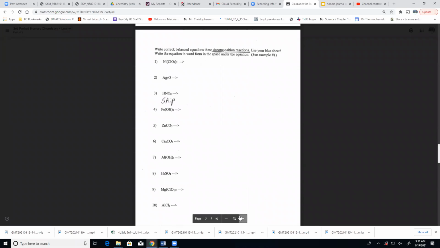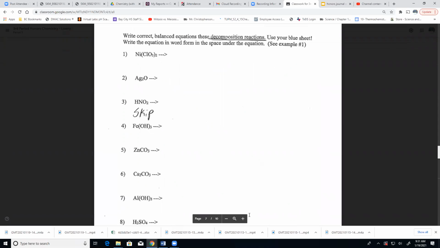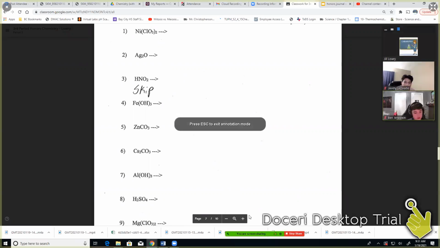All right, so we'll look at a few of these right here. All right, so number 1, once again, I can tell it's decomposition because it only starts with one reactant. So I need to then see what I have here and match it up.